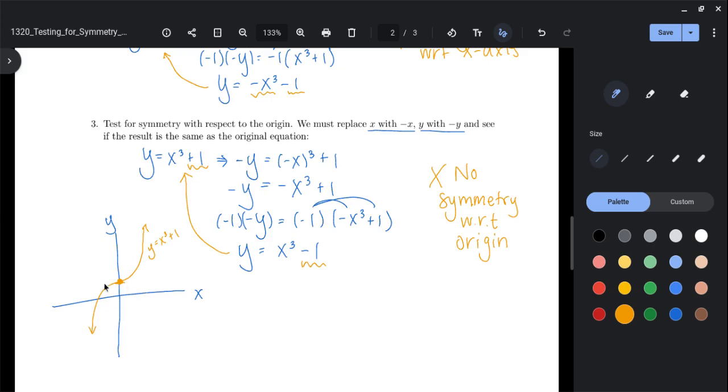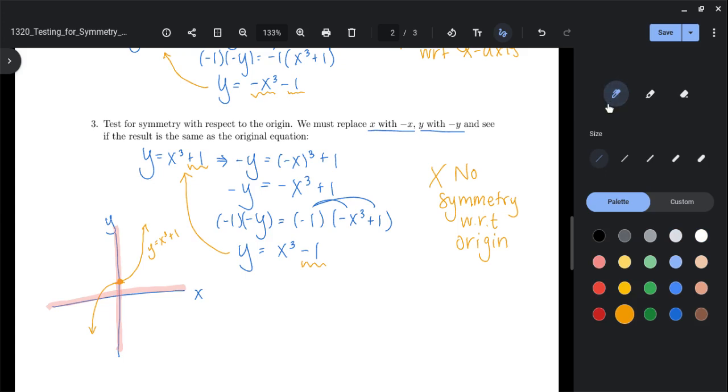So if I look at my graph, if I were to fold this on my x-axis, these 2 sides of my graph don't match up. If I were to fold it with respect to the y-axis, again, the 2 halves of my graph don't match up.